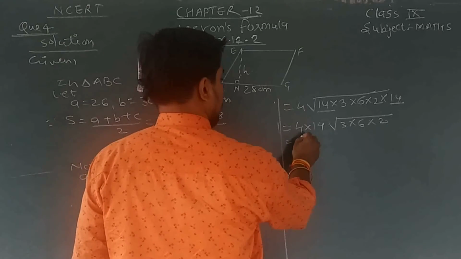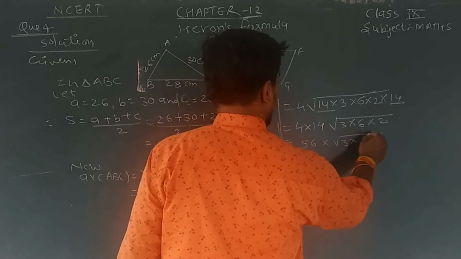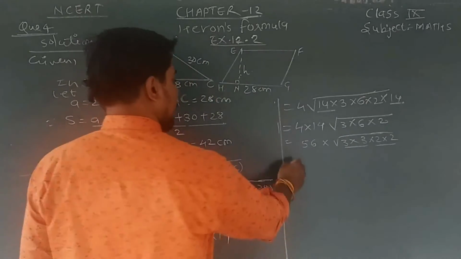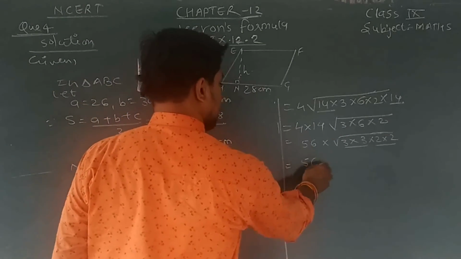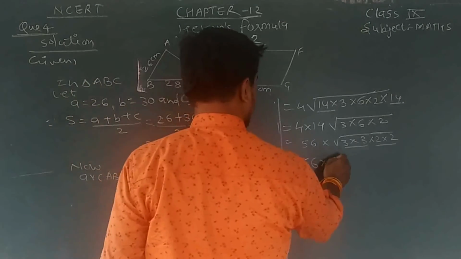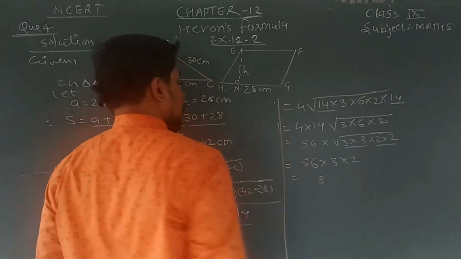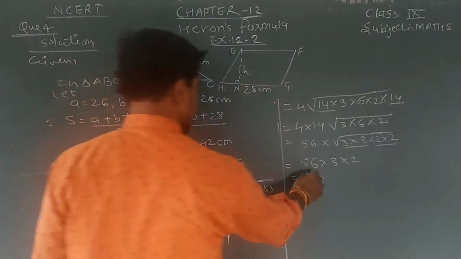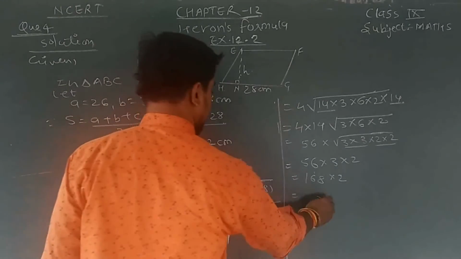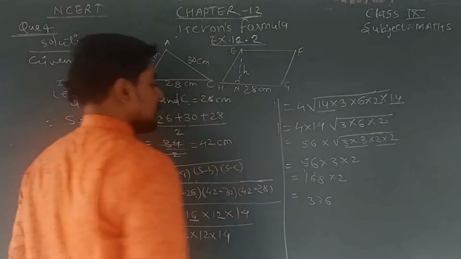The factors of 6 are 3 multiplied by 2, and the pair of 2 exists in the square root, so 2 will come outside. Then 3 multiplied by 2 gives 336.